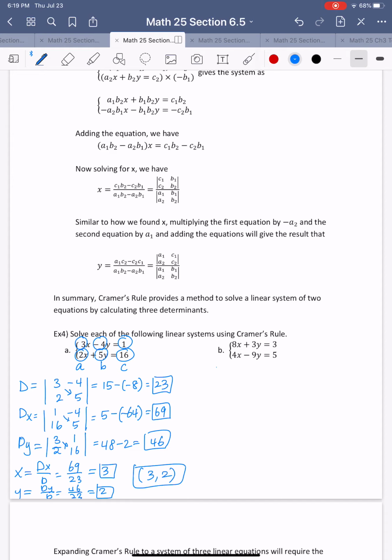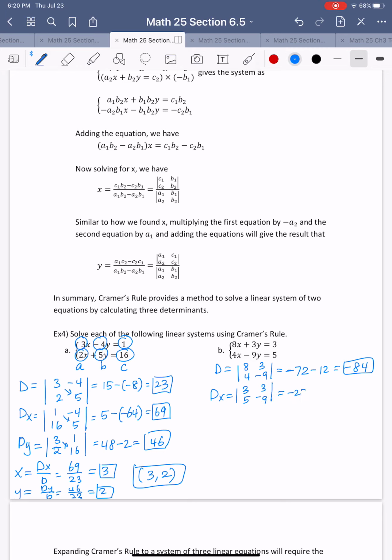Same thing. Find the D. So, A, B, C: 8, 3, 4, negative 9, which is cross multiply, negative 72 minus 12. So I got negative 84. And for Dx, I got 35 and 3 and negative 9.